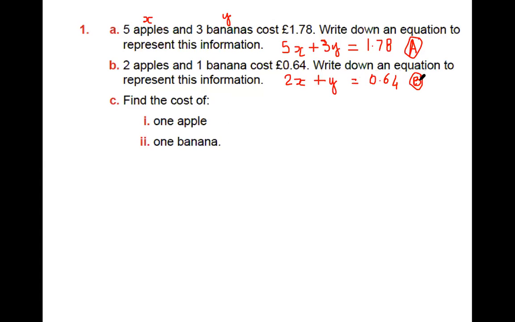Now we need to decide what we're going to eliminate in order to find the cost of 1 apple, 1 banana. Times the bottom by 3, equation B, and A by 1.